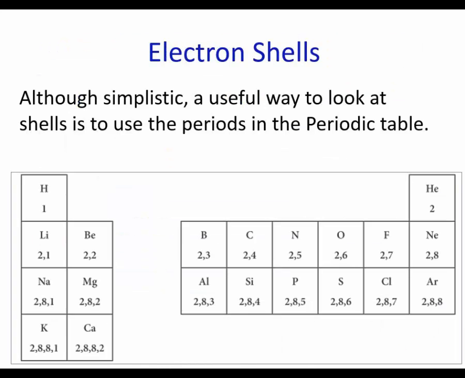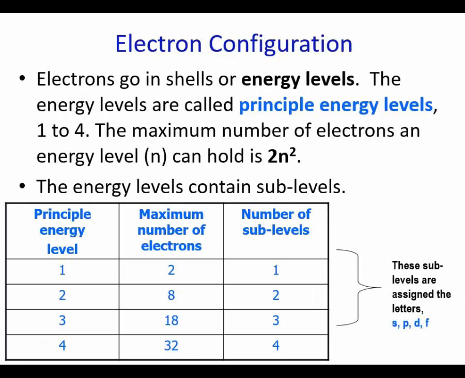Going to electron shells then, for standard level, you just need to be aware that each period gives you the shell. So 2, 8, 18 or 2, 8, 8 is fine for the moment. These shells though, you need to know the number of electrons. They're called the principal energy levels, so the formula is 2n squared.